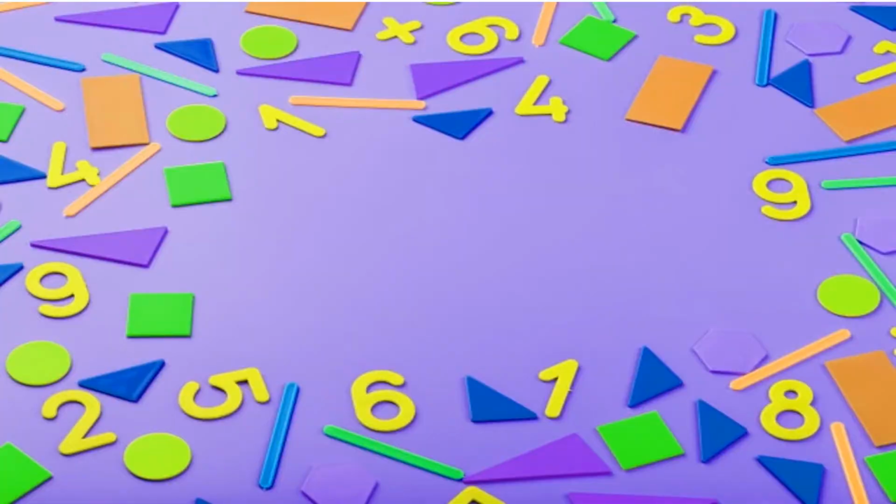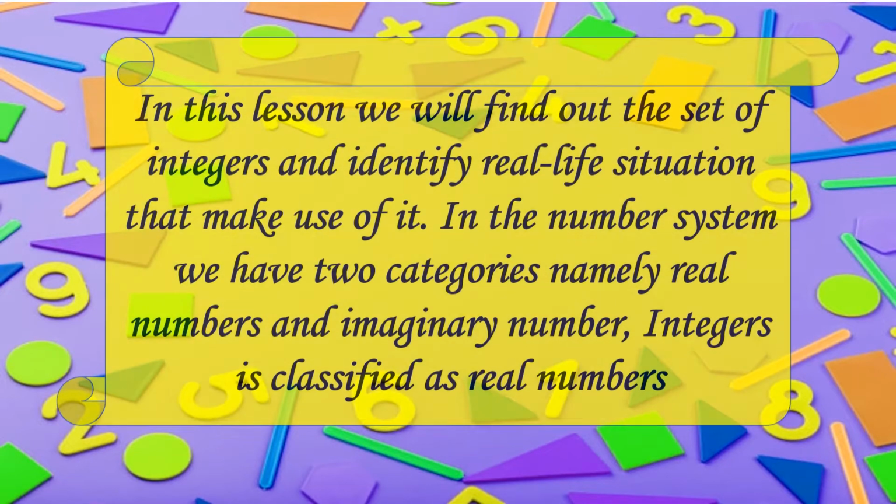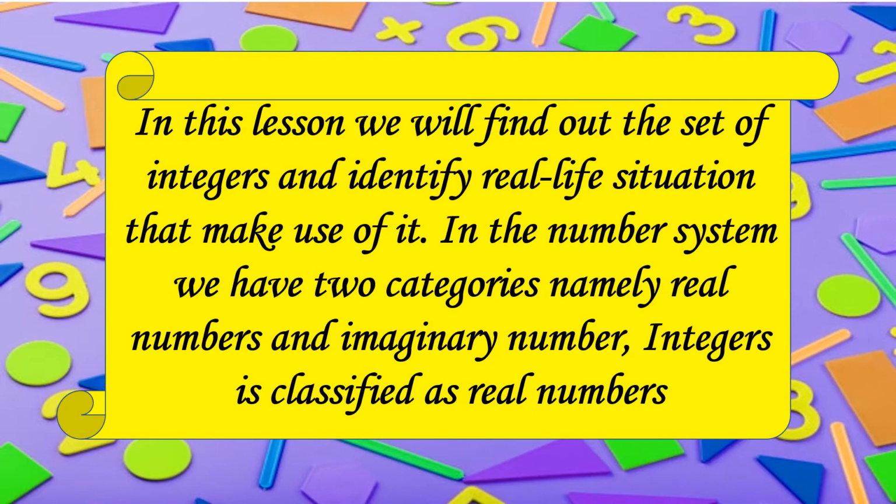Now, let us go to our lesson. In this lesson, we will find out the set of integers and identify real-life situations that make use of it. In the number system, we have two categories, namely real numbers and imaginary numbers. Integers are classified as real numbers.